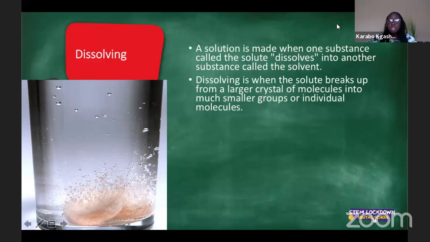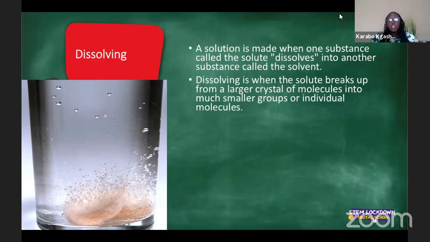Dissolving is when the solute breaks up from a larger crystal of molecules into much smaller groups or individual molecules. If we've got grains of sugar, the moment we mix those grains of sugar into water, they become a lot smaller until we cannot see them anymore.